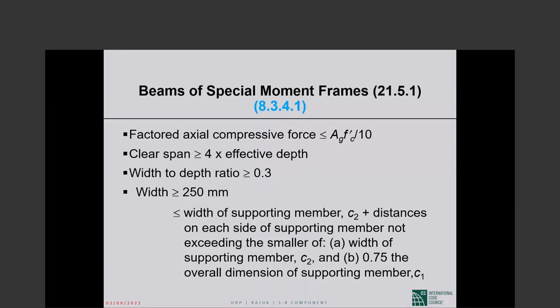The shear will come from the additive load combination 1.2 dead, 0.5 live, 0.2 snow, and 1.0 earthquake, that is big seismic. So the shear that you have to design for will come from that load combination.